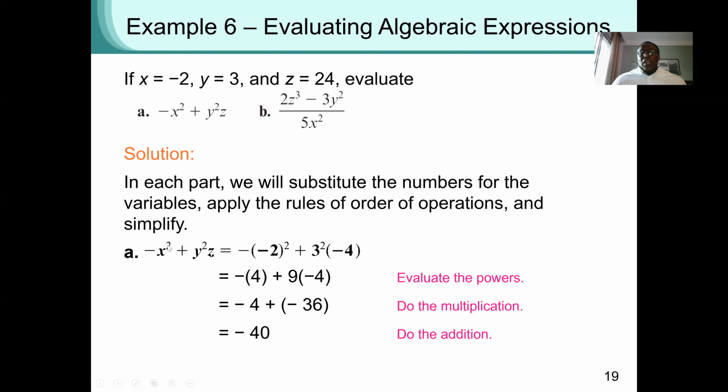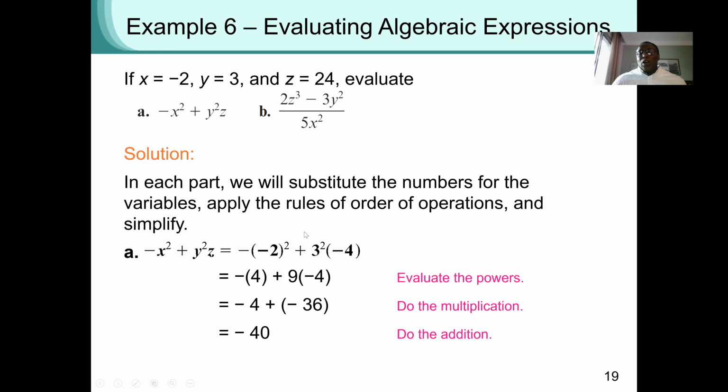We have -x squared plus y squared z. The expression has a negative, so I'll bring down the negative first. We say x is -2, so I write -2, but it's x squared, so I have to write (-2) squared, plus y.